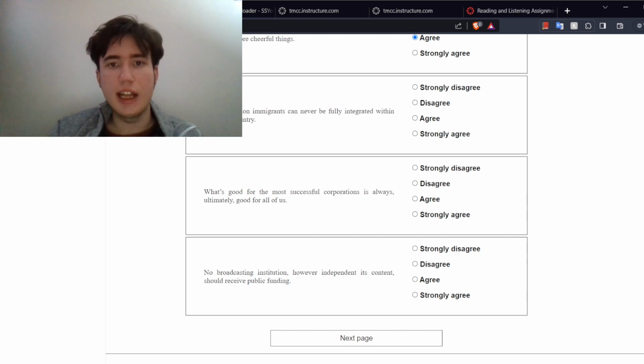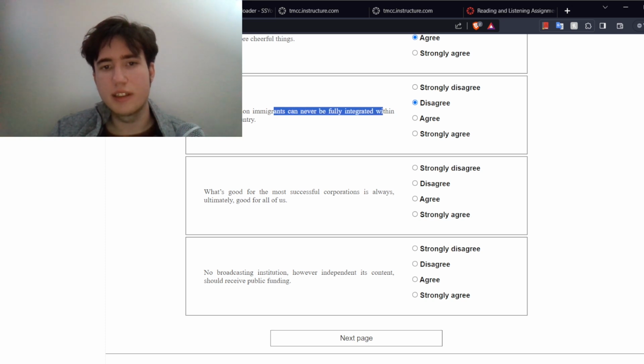If you can master the language and the accent to the point where you have very little accent, then you're gonna feel a lot more integrated. People are gonna treat you a lot better. People are gonna treat you like you're more integrated. So I guess I would disagree because I don't think that it's impossible to be fully integrated, whatever that really means.